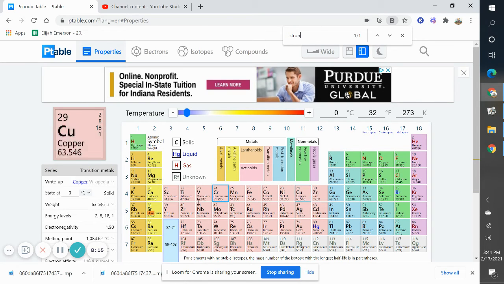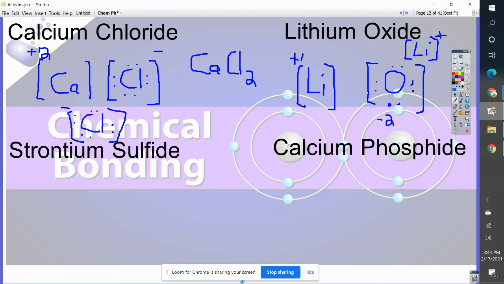And notice it shows up right here. So strontium, capital S, lowercase r, 2 valence electrons. So strontium, capital S, lowercase r, and 2. 1, 2.